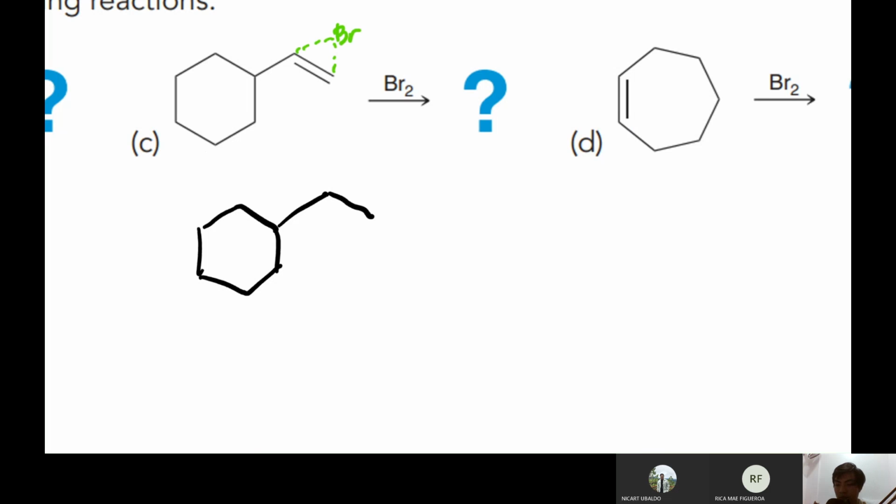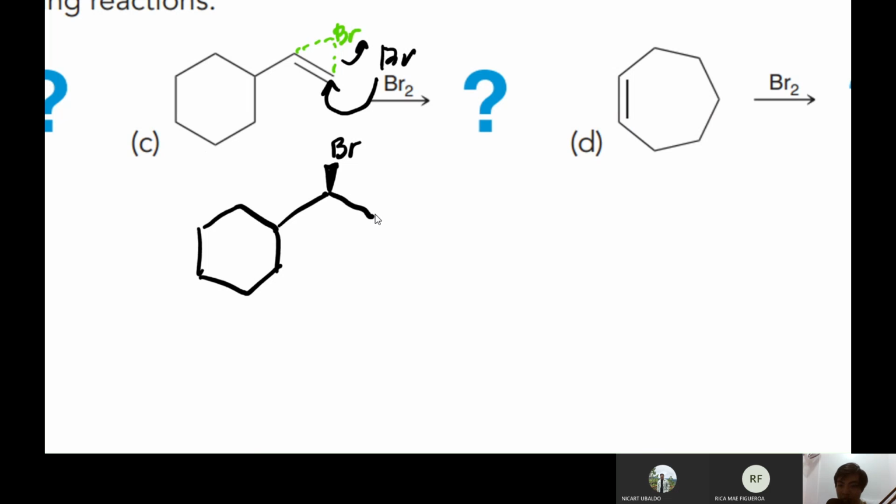If your Br attacks yung baba nito, mapuputol itong bond na yan. Mapupunta yung Br mo dito sa carbon na to sa harap, no? However, yung Br dito, nasa baba. Pero, do we have to show na nakadash siya or naka-wedge?